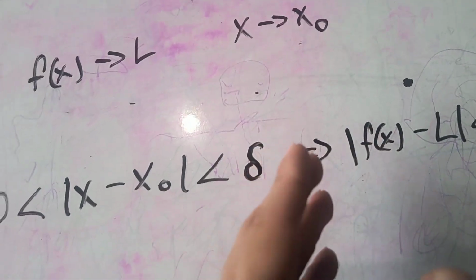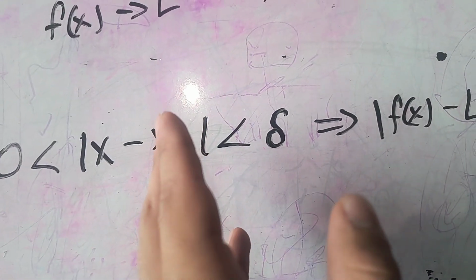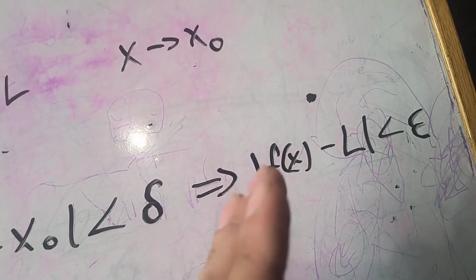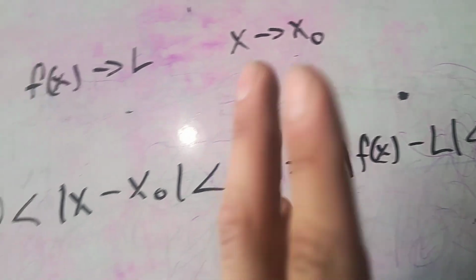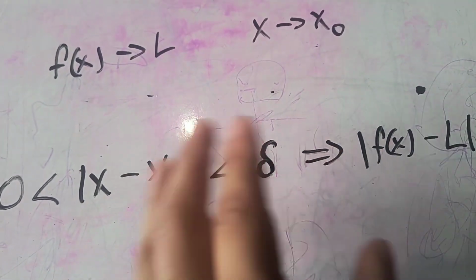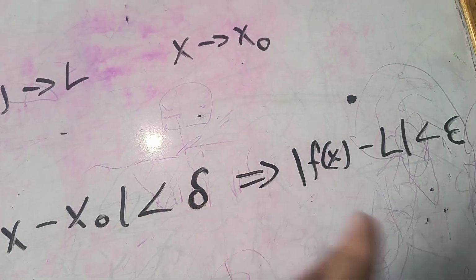So if x gets closer and closer to x naught, f of x can approach L. That's what this is saying.